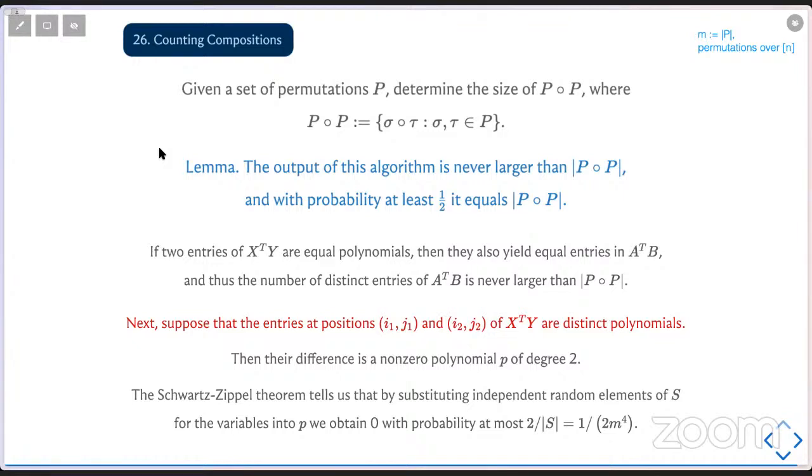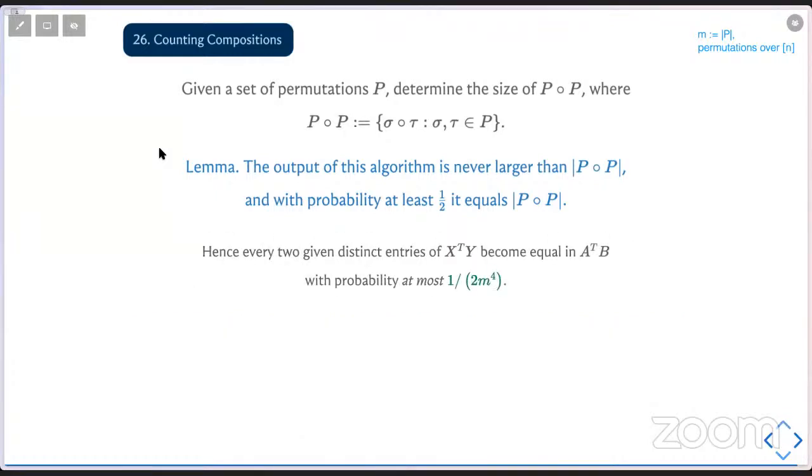But we could fail if we collapse anywhere. A failure is a failure if any two things that were supposed to be distinct manifest as being the same. So any two distinct entries become equal with low probability.